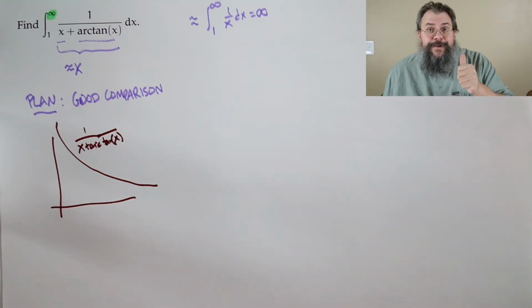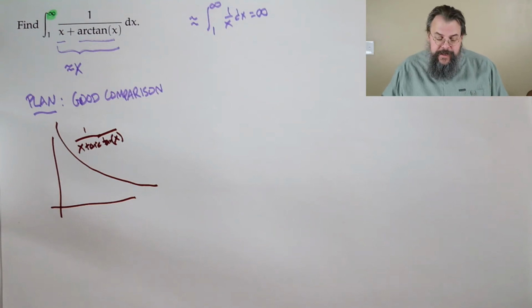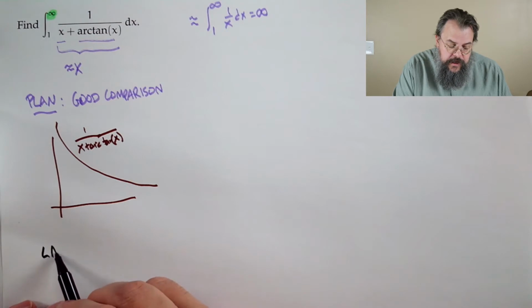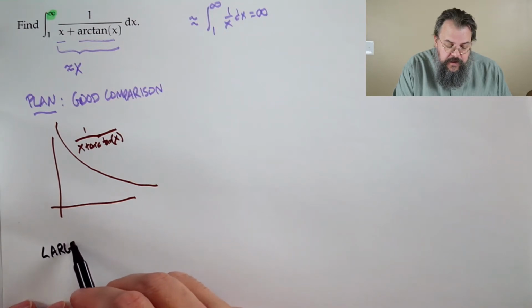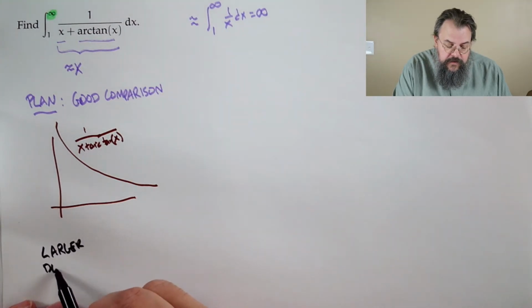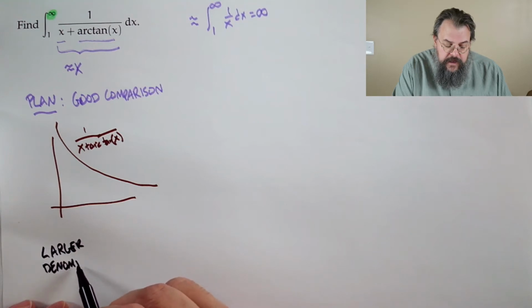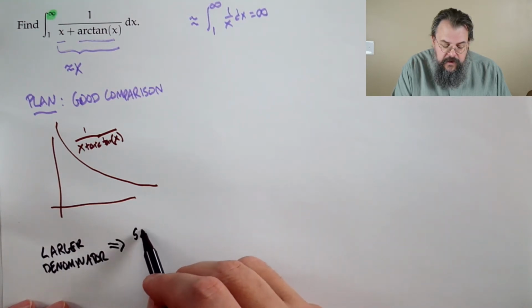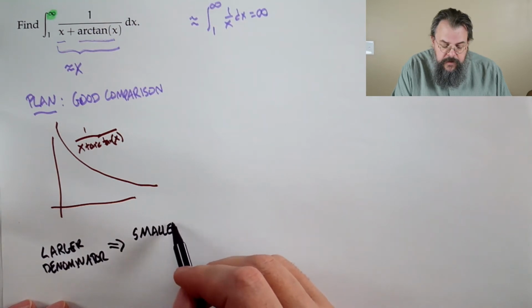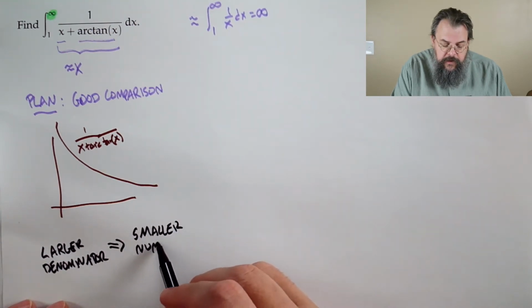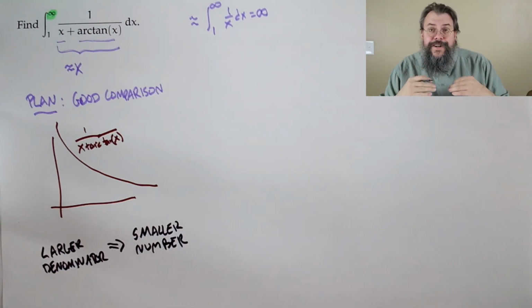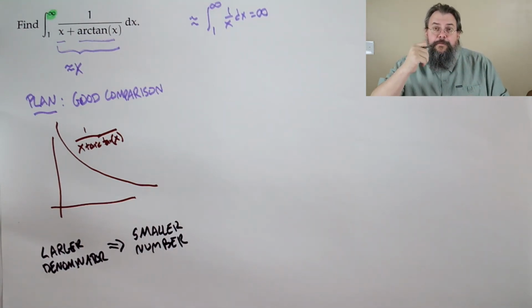So here's a good rule of thumb. It's a very nice idea to remember, and it says the following. Larger denominator means what? Well, if you have a larger denominator, it means that you have a smaller number. So if I want to make my whole expression smaller, and I have a fraction, I say, okay, make my denominator larger.